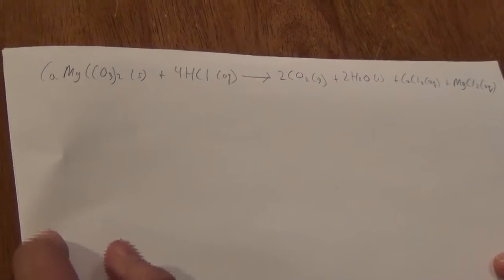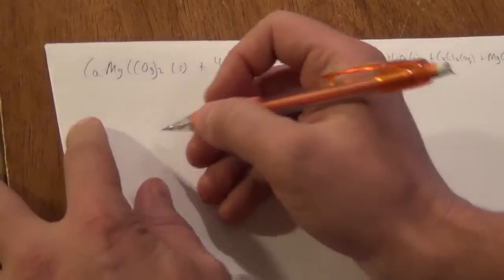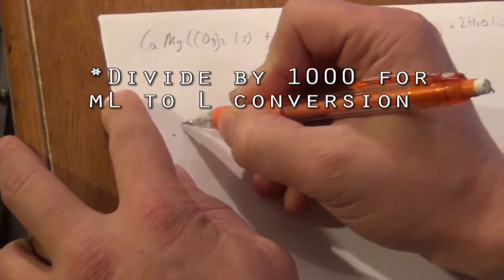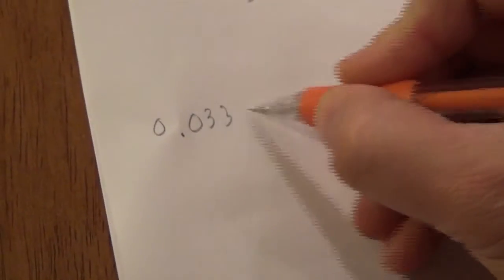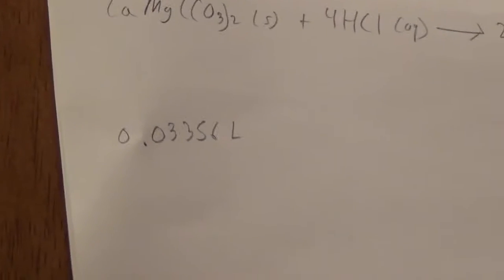The problem says we have 33.56 milliliters, but we want to convert that to liters, so you divide by 1,000 and you get 0.03356 liters. And then we have to multiply that by the molarity of HCl, which is given in the question as 0.2516 M HCl.